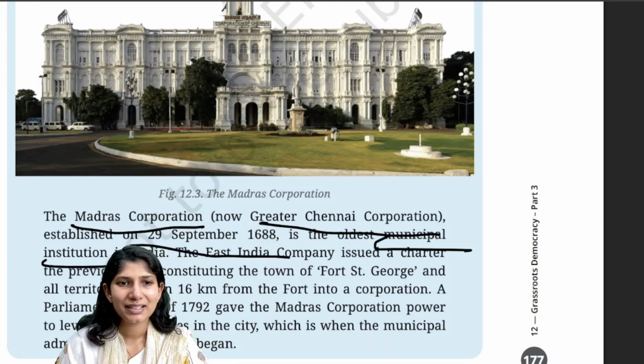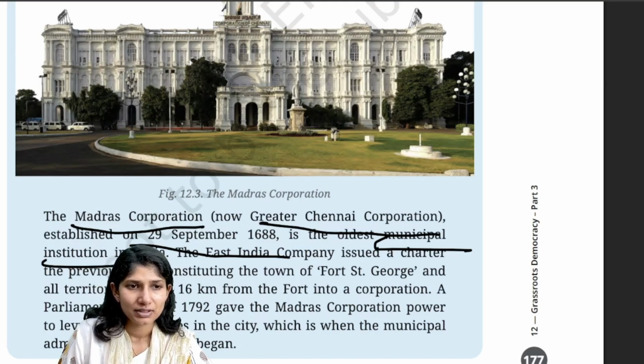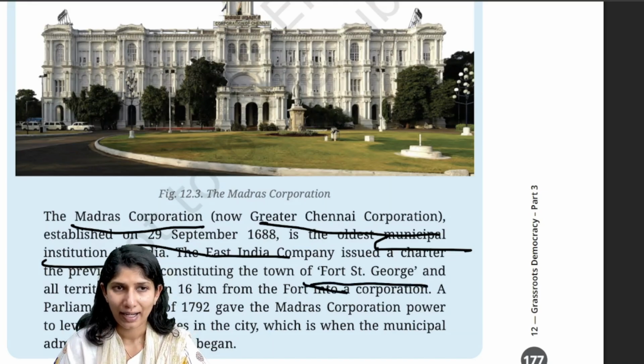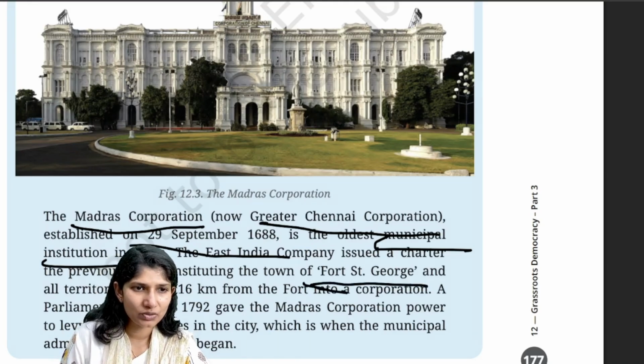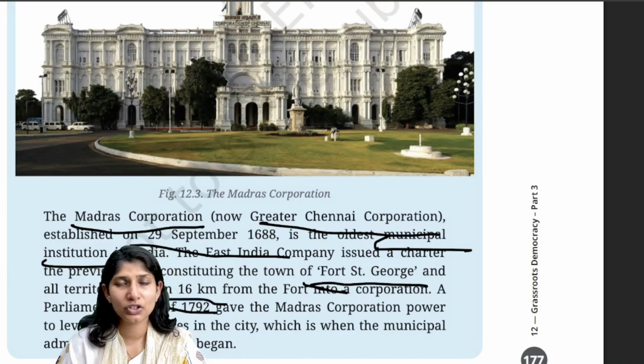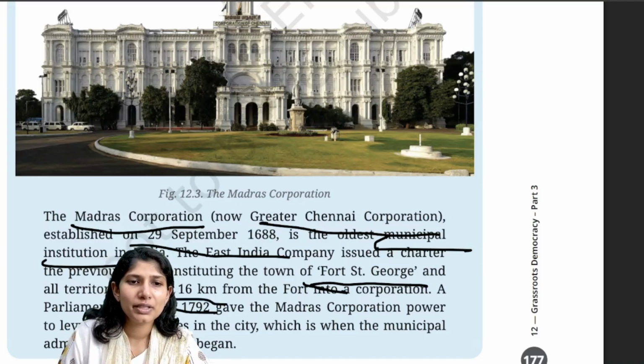Initially, when the British came to India, they came in the name of trade, with the name of the East India Company. They issued a charter telling that the area constituting Fort St. George and all the territories within 16 kilometers of Fort St. George would be called a corporation.